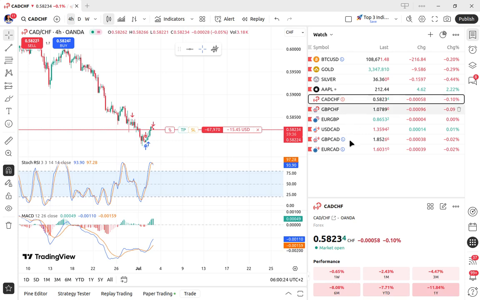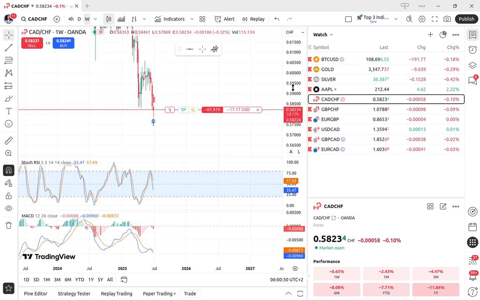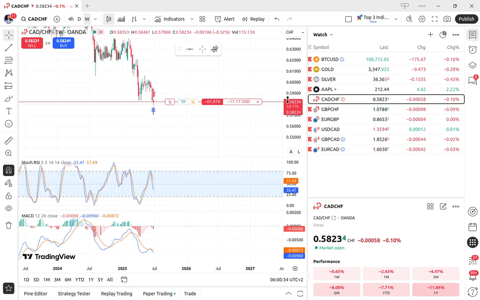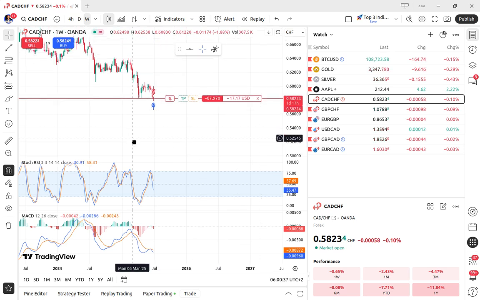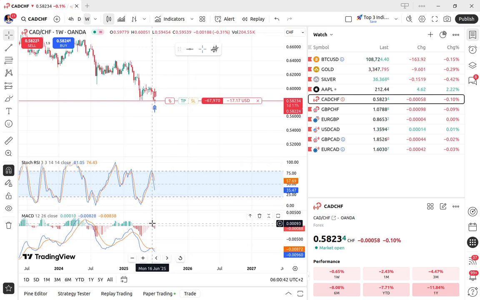Basically, what I'm looking for on the weekly chart is something similar to this. I start from the weekly chart pattern, then I compare it with the MACD. So this is the perfect entry for the MACD as well.